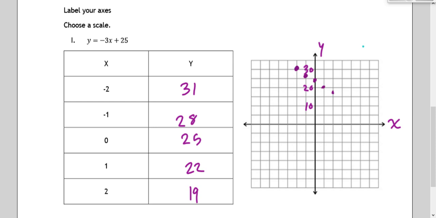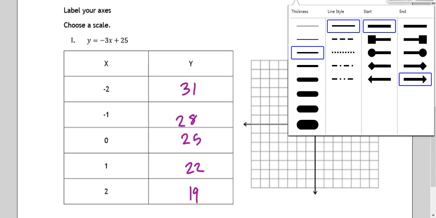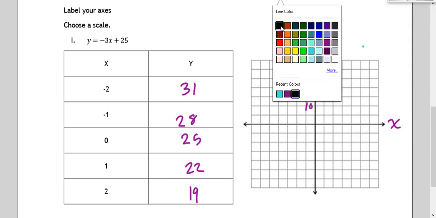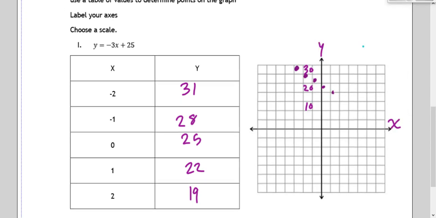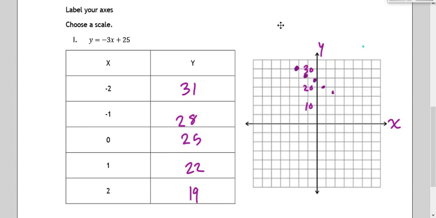So then if we get an arrow here, draw a line through them, reasonably straight. That would be our linear.